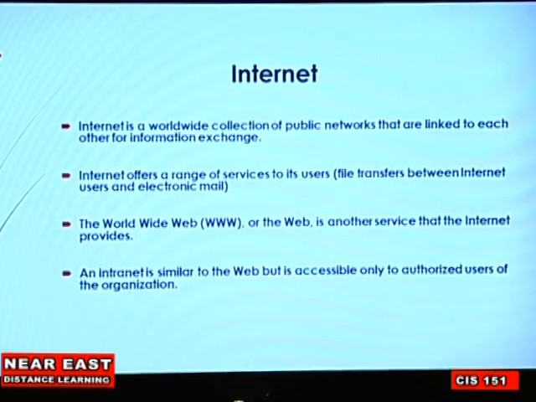We have a web browser, like Google Chrome or Firefox, or Internet Explorer. We can use all of these to access the internet, to open your email, or to get your data from the internet, like Google, for example. An intranet is similar to the web, but is accessible only to authorized users of the organization.